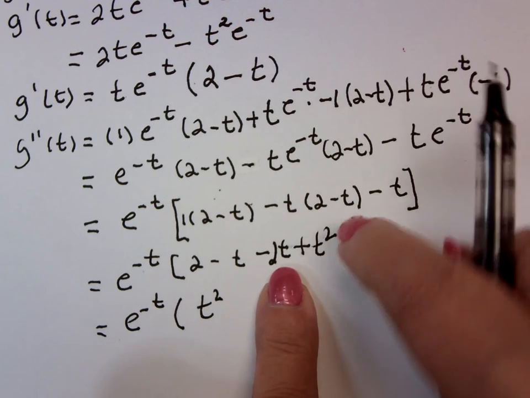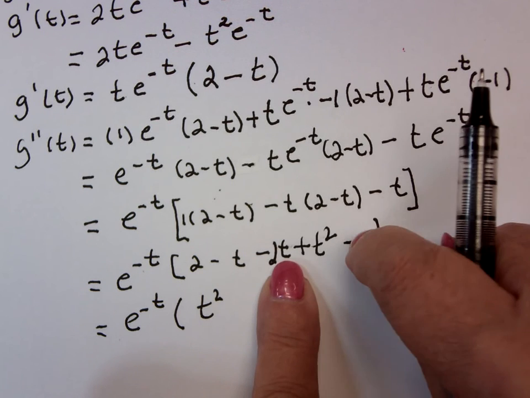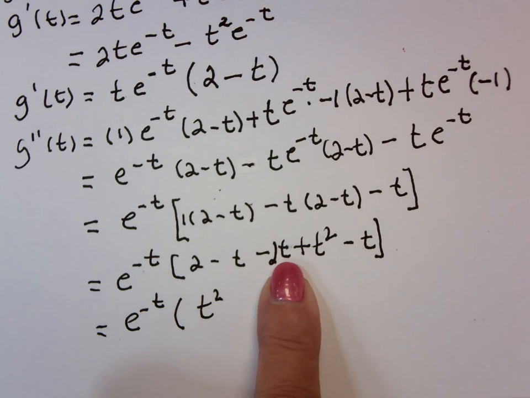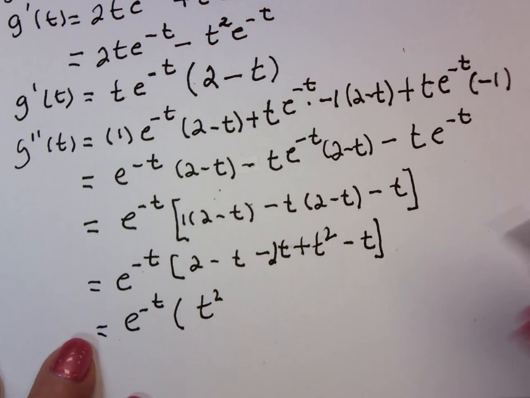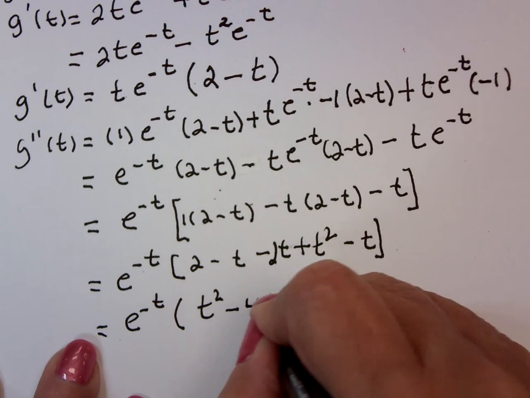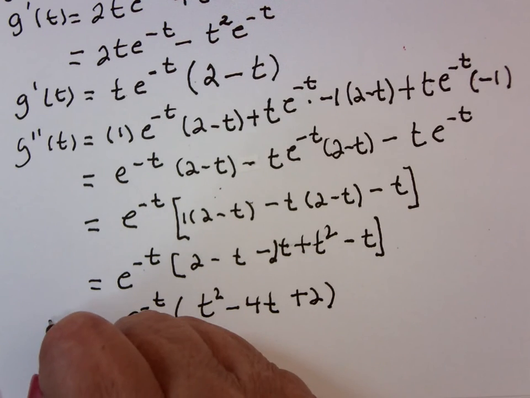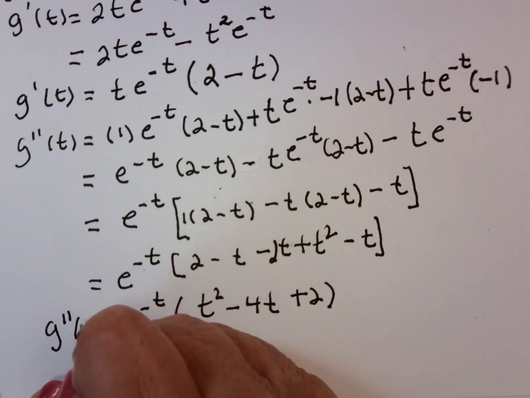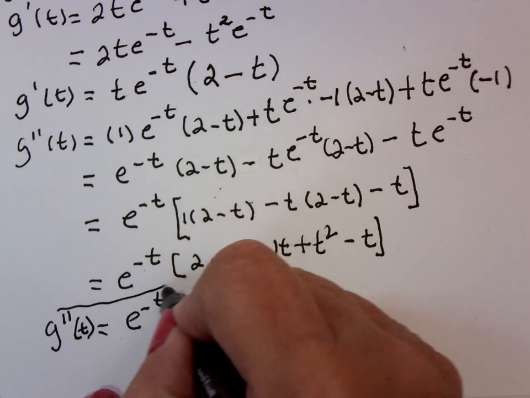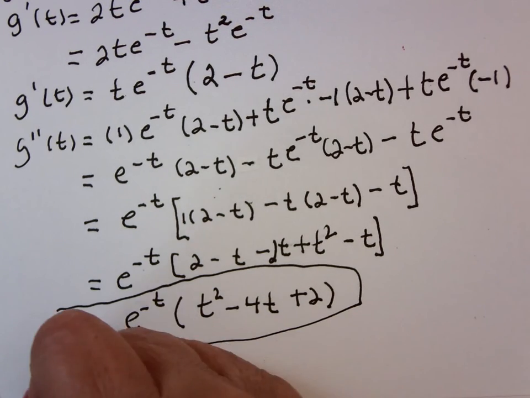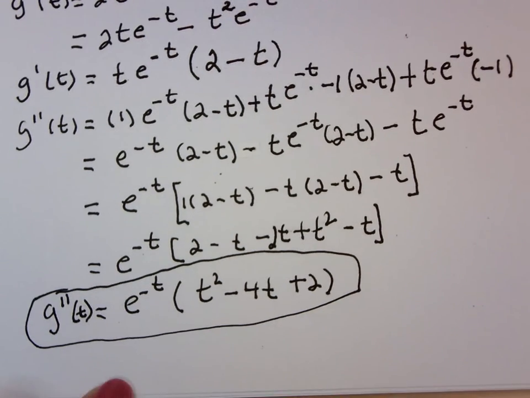Now, I have a minus 2t and a minus t and a minus t. How many t's do I have? Negative 4t plus 2. And that's the simplified form of g prime of t. That you would take the derivative and set it equal to 0.